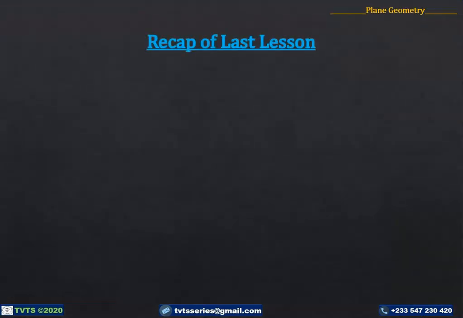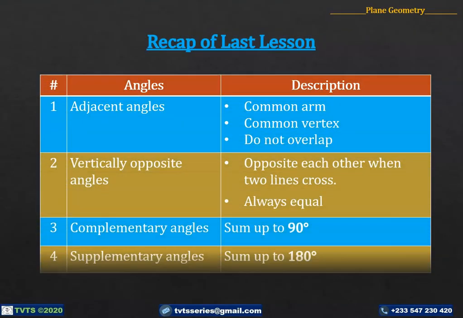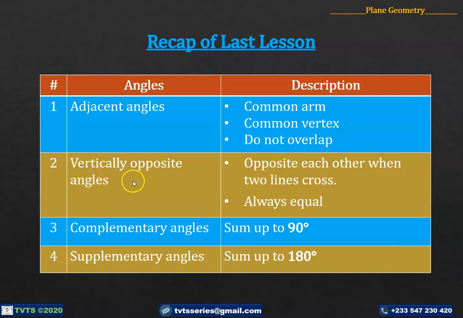By way of recap of our previous lesson, we learned that adjacent angles share a common arm and a common vertex and do not overlap. Vertically opposite angles are two angles that are opposite to each other when two straight lines cross, and these angles are always equal.